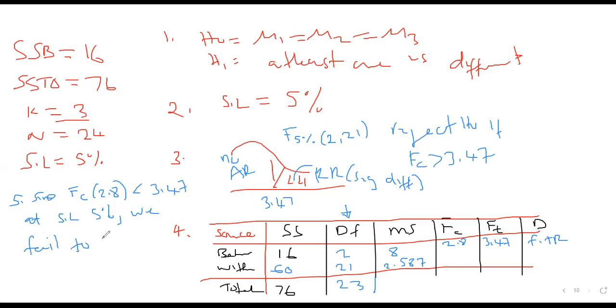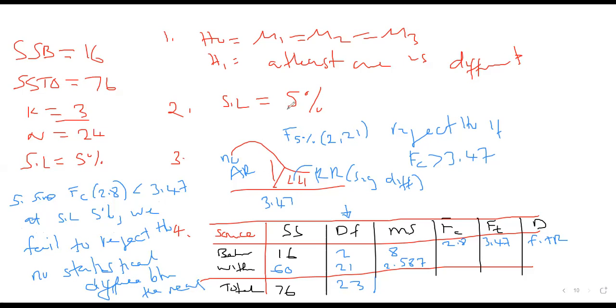Fail to reject what? HO. Whenever we fail to reject HO, it means there's no statistical difference between the means. So there's no statistical difference between the means.